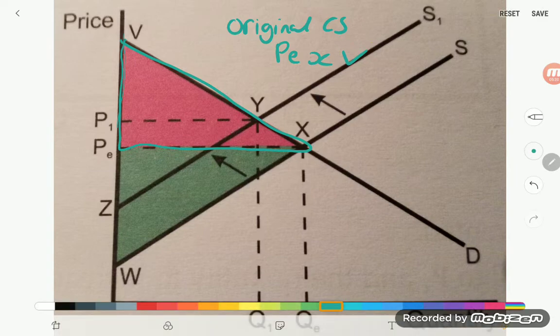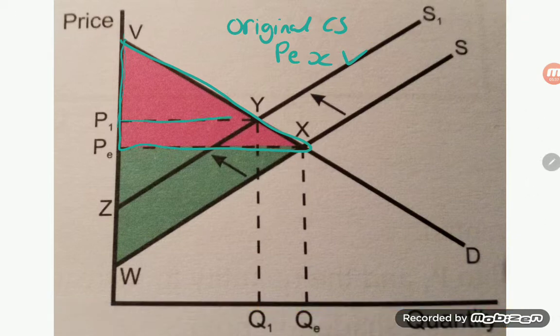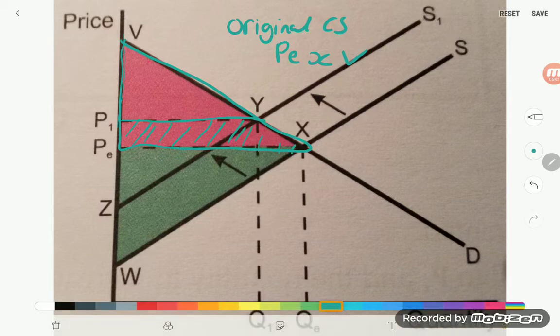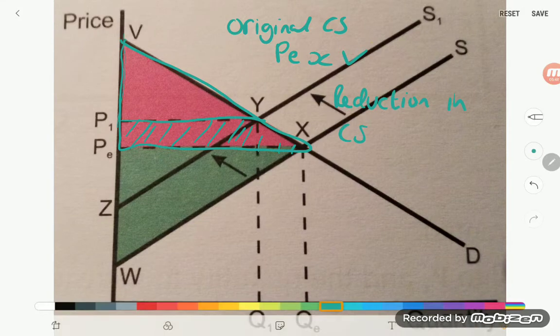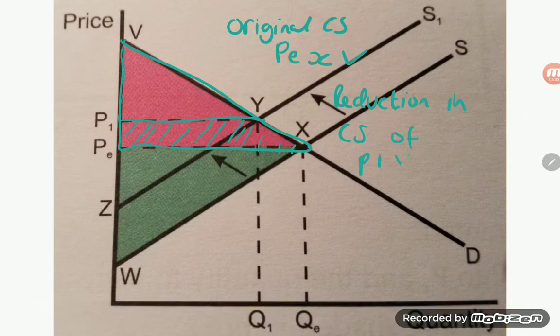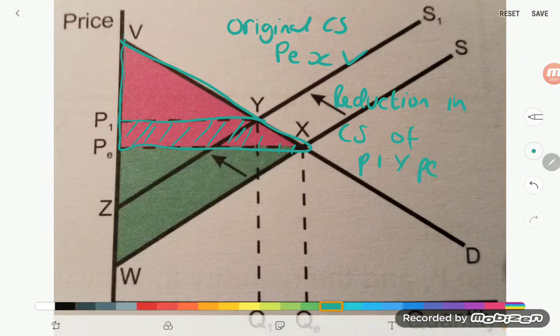But when supply shifted to the left, the consumer surplus reduced by this quantity here. So we have to call this a reduction in consumer surplus of P1, Y, PE and X. So that's the reduction in consumer surplus.